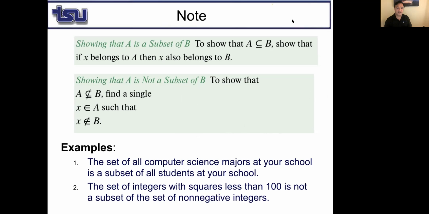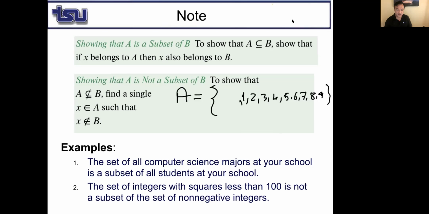How about this one? The set of integers with squares less than 100. Think about this: A is the set of integers whose squares are less than 100. For example, if I take 1, 2, 3, 4, 5, 6, 7, 8, 9, the square of 9 is 81, then 64, 49, and so on, but I cannot include 10, right?